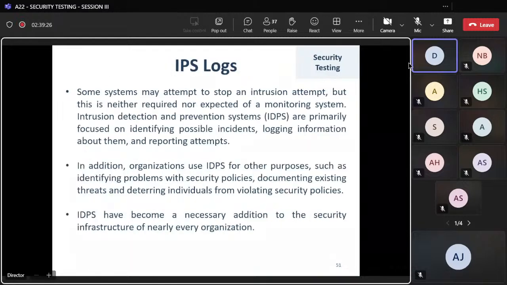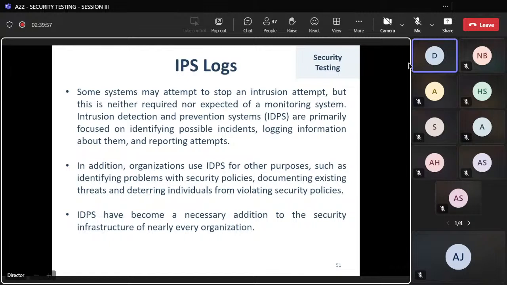Then IPS logs. We just discussed the IDS, intrusion detection system, and we do have the intrusion prevention system, which will prevent future intrusions, and it can even identify any kind of vulnerabilities or problems within the security policies that are implemented, and it will help you to detect any kind of violation in the security policies.